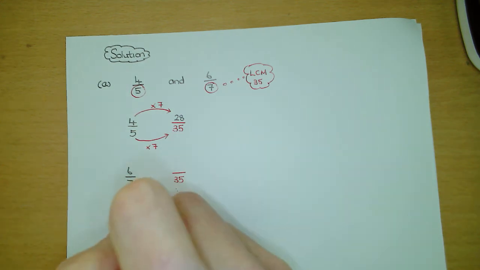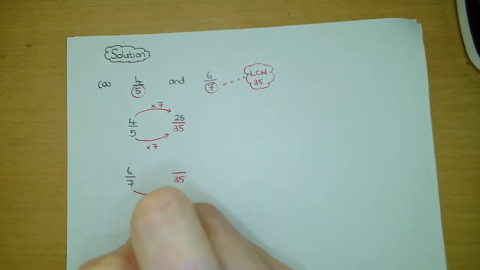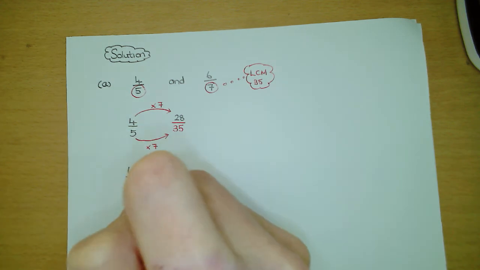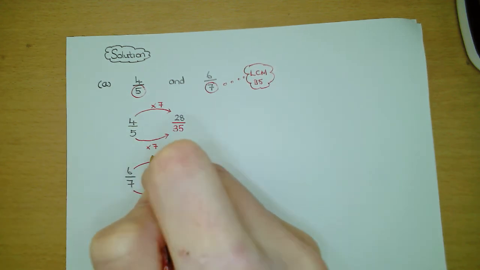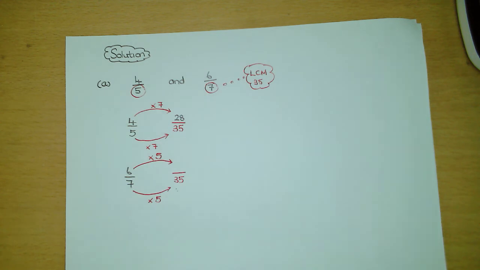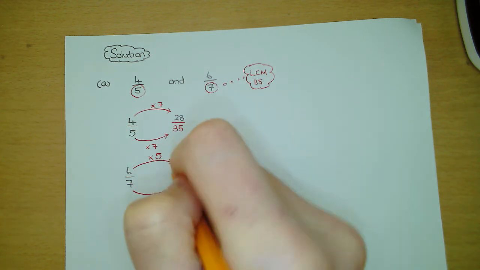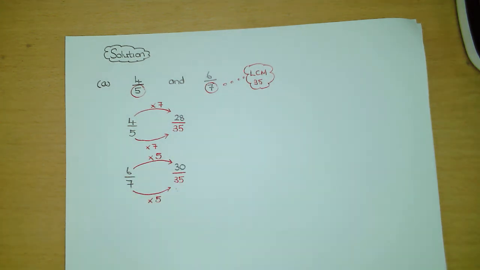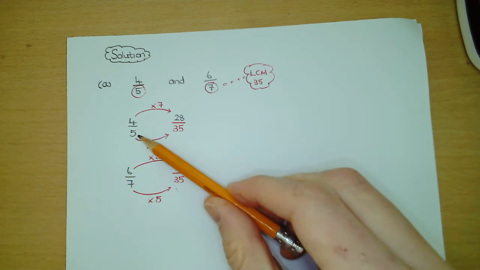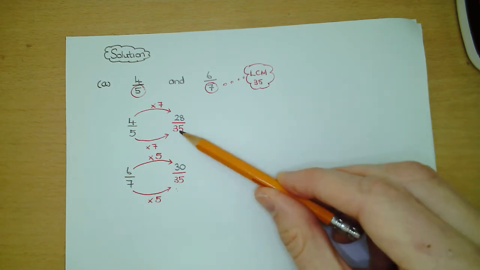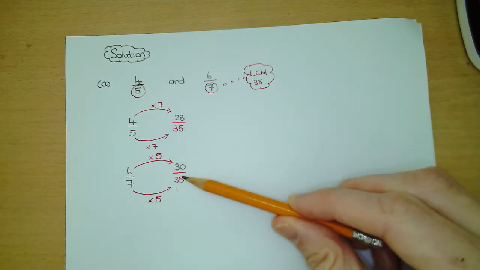We've got to multiply 7 by 5 to get 35, and we therefore have to do exactly the same thing to the numerator. We have to multiply it by 5. So 6 multiplied by 5 is going to give us 30. So we've taken the original two fractions, and we've turned each of them into an equivalent fraction with the same denominator.